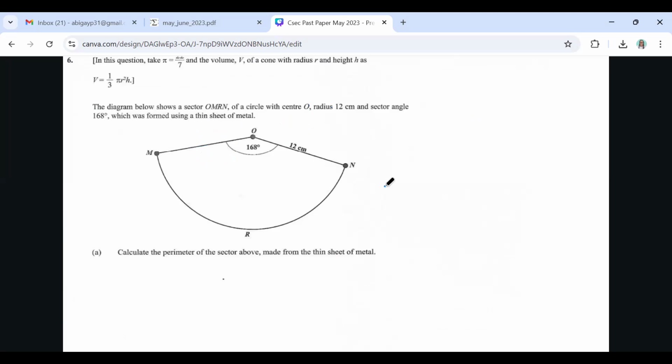All right. I don't know if you can see the words, so let me read it.